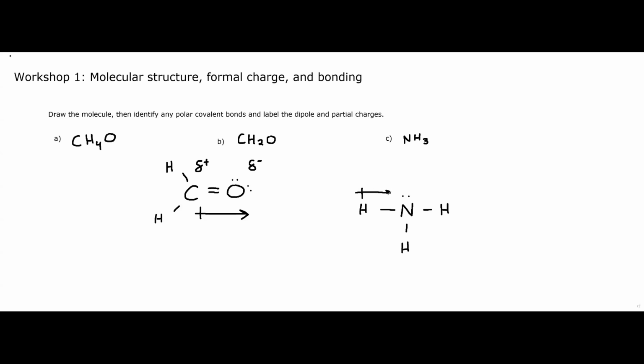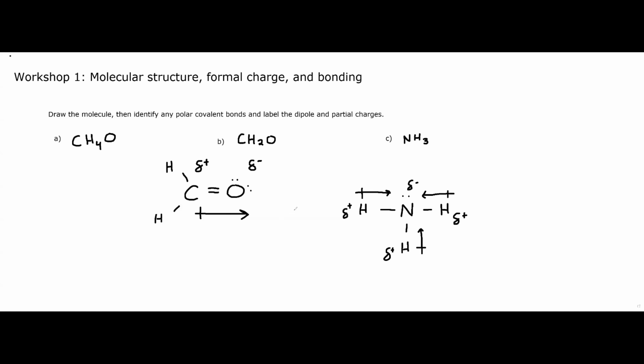So all 3 bonds have dipoles towards nitrogen, which means all of the hydrogens here are partially positive, and the nitrogen is partially negative. Again, nitrogen is the more electronegative atom.